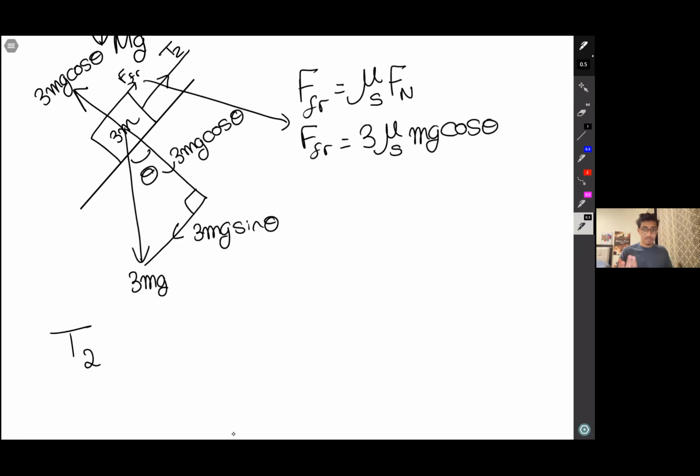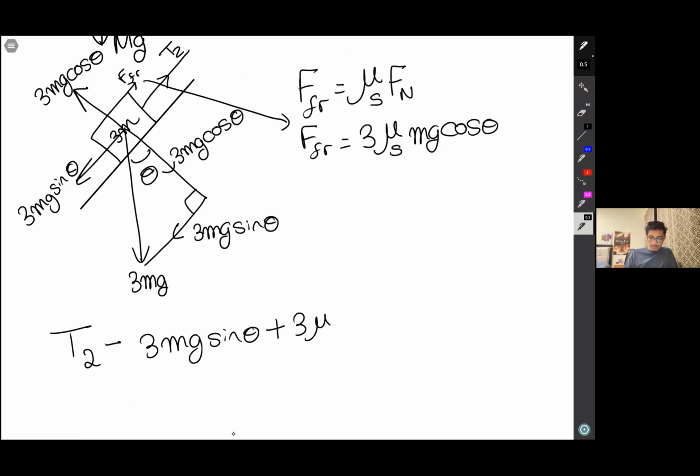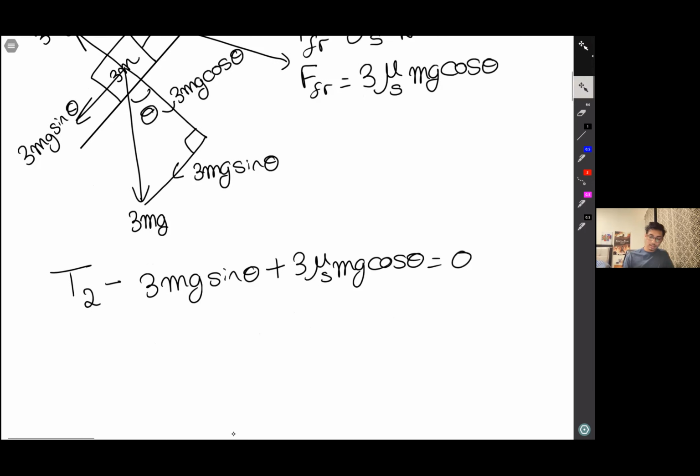T2, which is basically Mg, but I'll write that a bit later, minus 3mg sine theta, because that's the component acting parallel to the plane, plus 3 mu s mg cos theta is equal to 0. Why is this again? Well, it's in equilibrium, no change in movement, so there's no acceleration at all. In fact, I can just say that T2 is equal to 3mg sine theta minus 3 mu s mg cos theta.